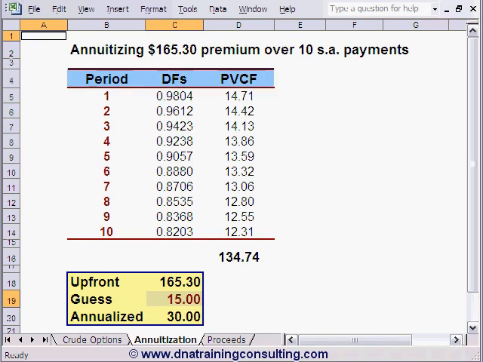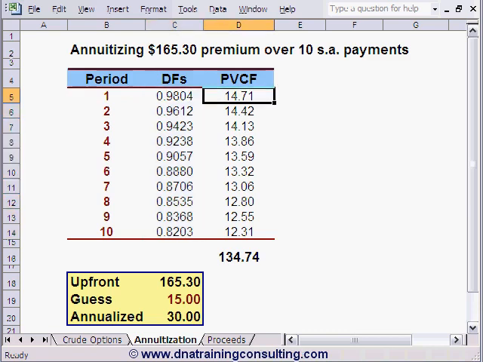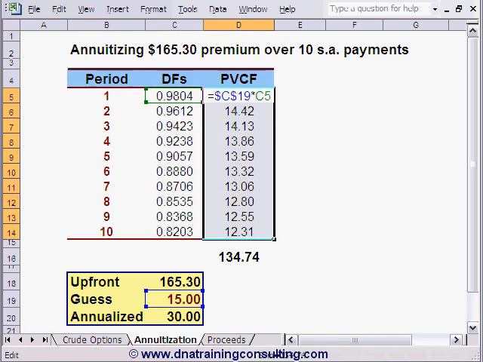Then we show in column C the discount factors for each semi-annual period, using a 2% discount rate for each of these periods, and then we calculate in column D the PV of each semi-annual cash flow from the annuity simply by multiplying the cash flow by the related discount factor from column C.